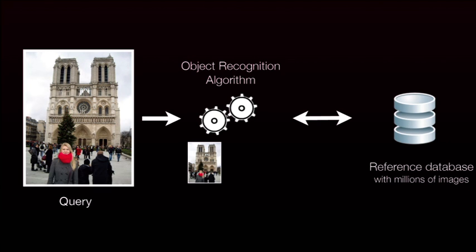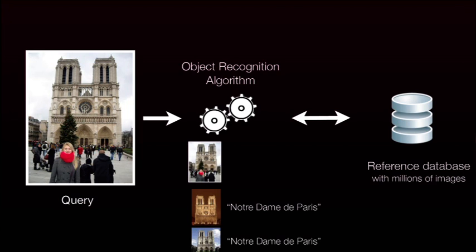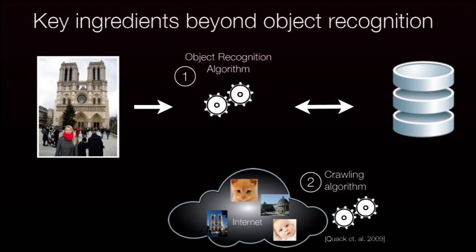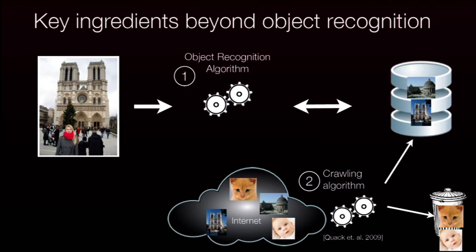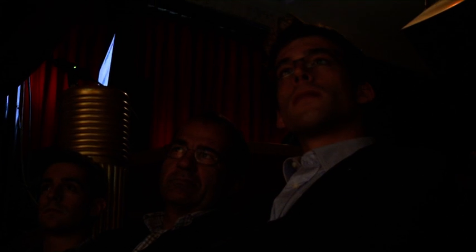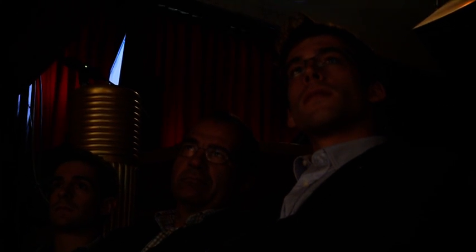What this algorithm does is take the query image and compare it to each image in the reference database. And every now and then, we have a match. We recognize, oh, the same object is present in the image. And once we have found a certain number of matches, we are pretty sure that this object is really present in the query image. And we can transfer the information to the query image and turn it into a smart visual.